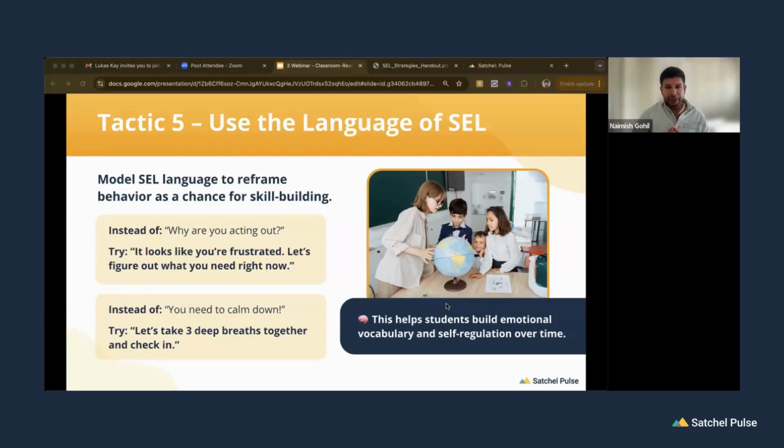And of course, this will really help students build emotional vocabulary and self-regulation over time, which is managing their emotions more effectively.